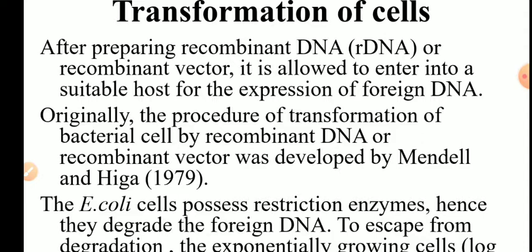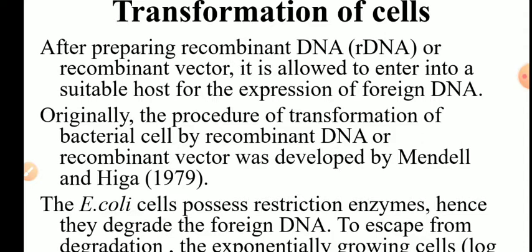The foreign gene is also cleaved with restriction endonuclease. Then the foreign gene is introduced into the vector, and the vector so formed is called a recombinant vector because it carries the foreign gene fragment to be cloned inside it.